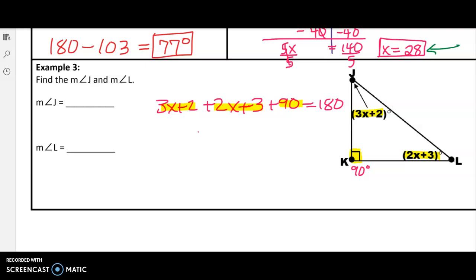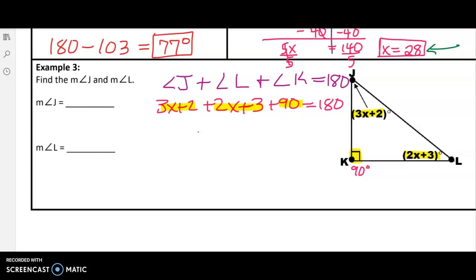You may actually want to start each one by saying angle L plus, and actually I'm going to put in the order I did it to make it easier. I did angle J first. Angle J plus angle L plus angle K equals 180. Sometimes writing that out first helps, and then plug in the three things that you know.